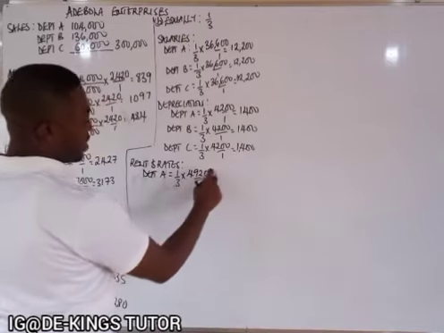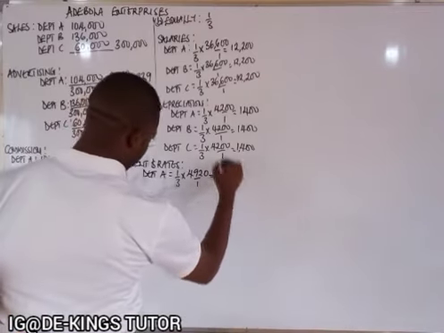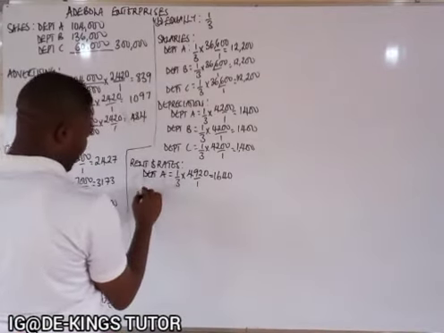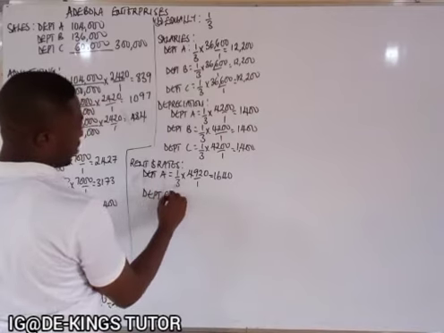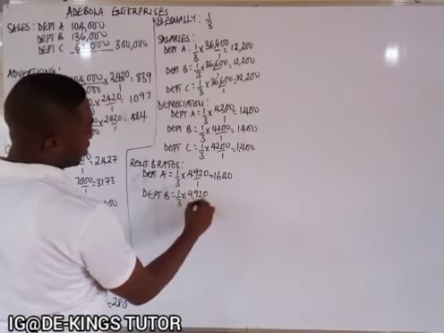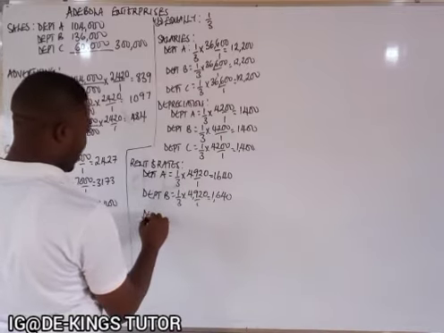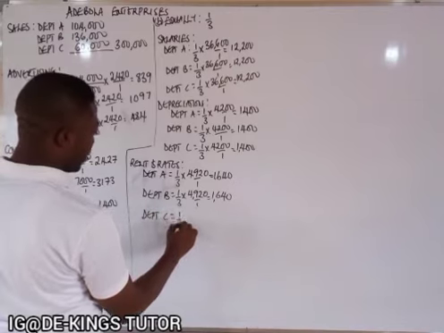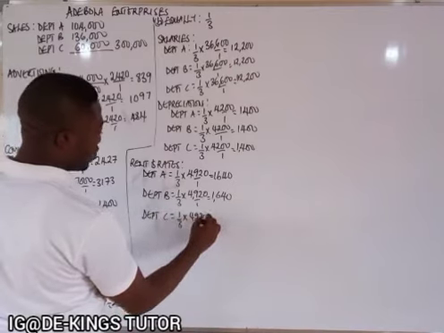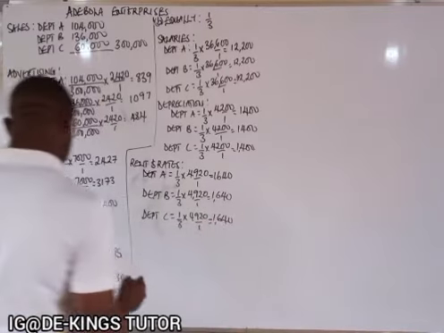So 1/3 times this will give us 1,640. Okay, Department B is still the same, 1/3 times 4,920 will give us 1,640, and Department C is the same, 1/3 times 4,920 as 1,640. That is for rent and rates.